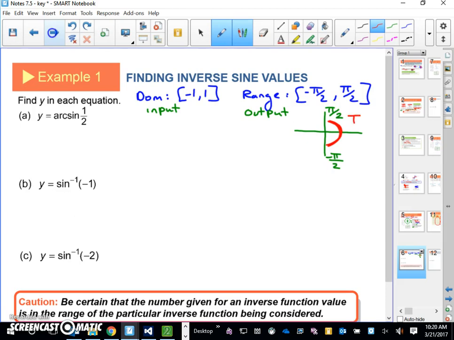Or, in other words, they're talking about quadrants 1 and 4. So your takeaway should be this: a positive value is going to be in quadrant 1, and a negative value is going to be in quadrant 4. We're going to have to think about what and where.